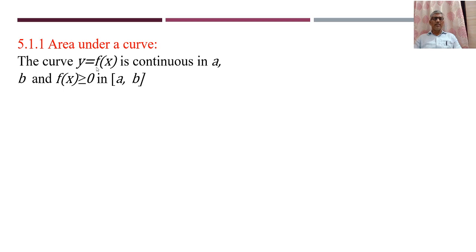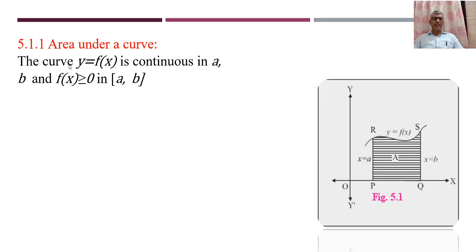The curve y equal to f of x is continuous on [a, b] and f of x is greater than or equal to 0 in the closed interval a to b, that is, x is greater than or equal to a and less than or equal to b. Then what is the area lying under the curve y equal to f of x?